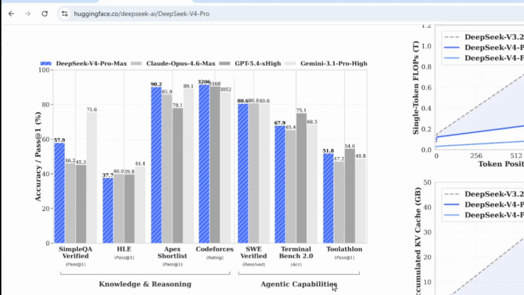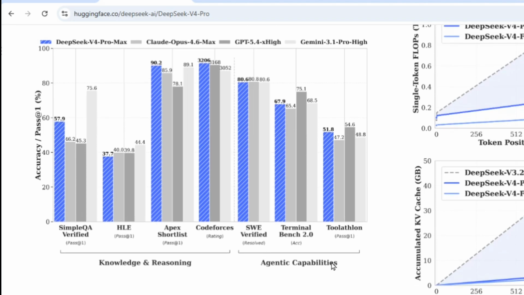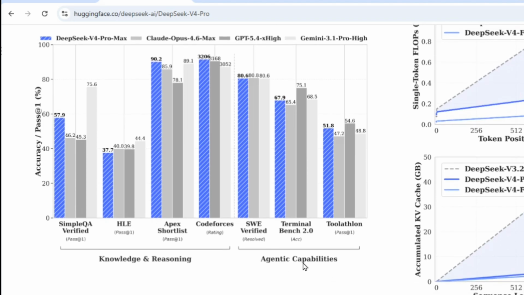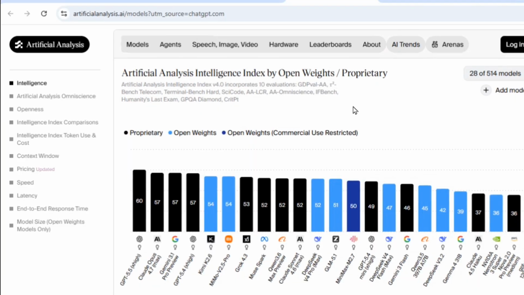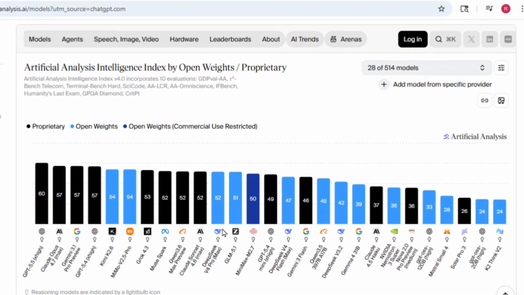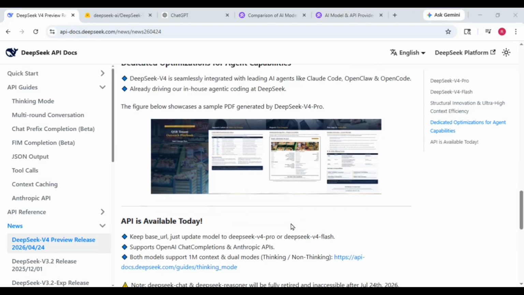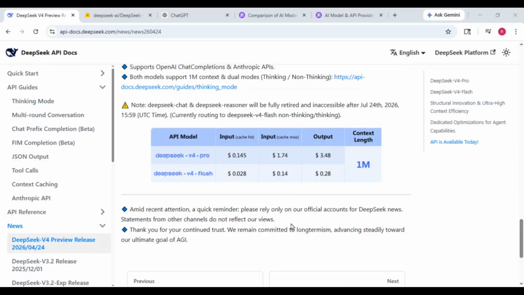But what's even more impressive is coding performance. When it comes to programming and logical reasoning, DeepSeek is reportedly outperforming several industry-leading models. And according to the Artificial Intelligence Index, DeepSeek V4 Max scored a 52, placing it incredibly close to frontier-level systems like GPT 5.5.